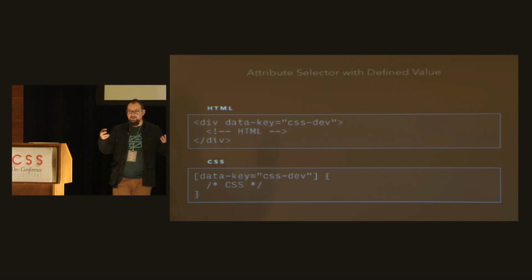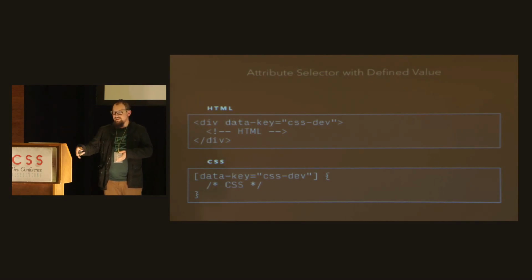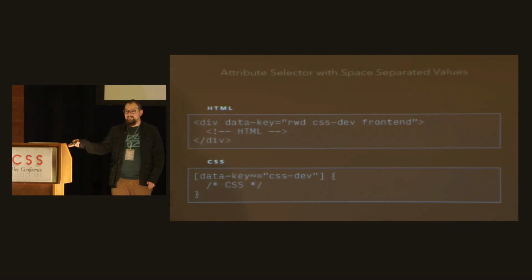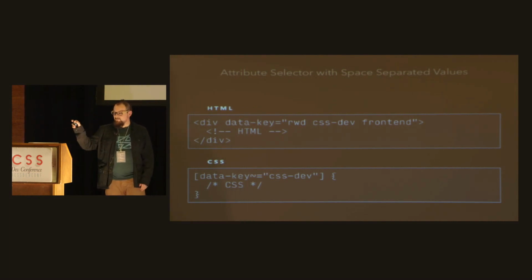You can get even deeper and make it so that it only applies when it equals a particular value, so data-key equals CSS Dev, only apply it then. And even crazier, it can look at comma-separated or space-separated lists, find if one of those terms matches, and apply the styles only there.